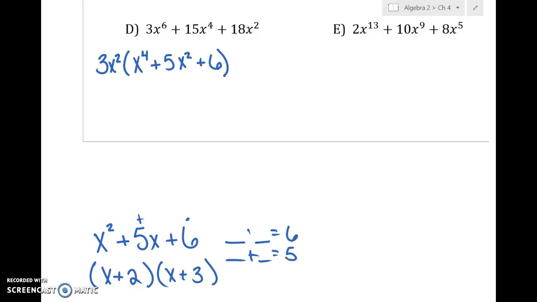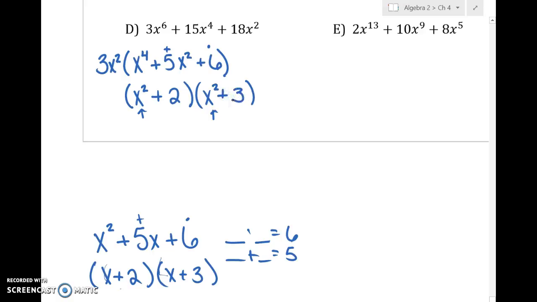When we do this, x times x gives us x squared. So up here, these two things have to multiply to give us x to the fourth. So it needs to be x squared and x squared. We're still looking for the two numbers that multiply to give us 6 and add up to 5. So this is x squared plus 2, x squared plus 3.